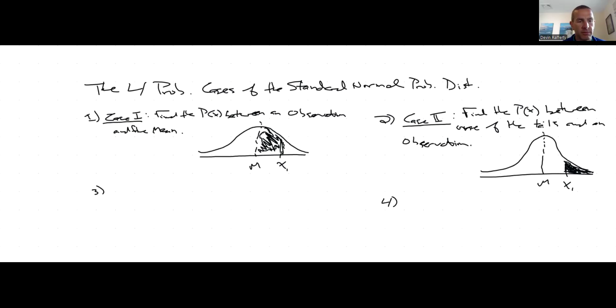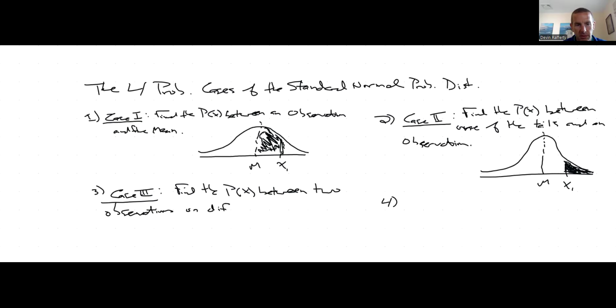Case three, okay. In case three, we're going to find the probability between two observations on different sides of the mean.